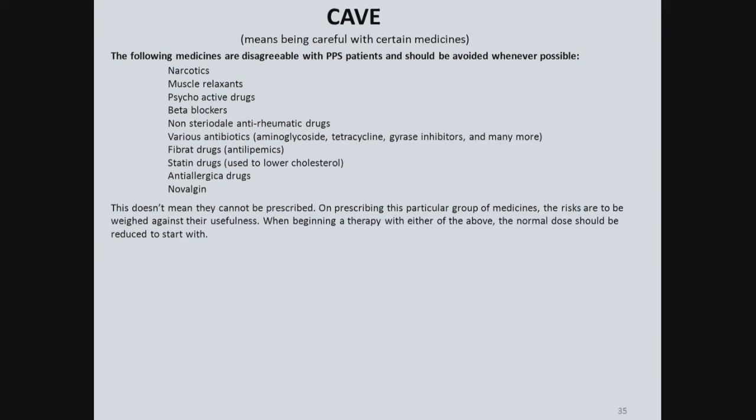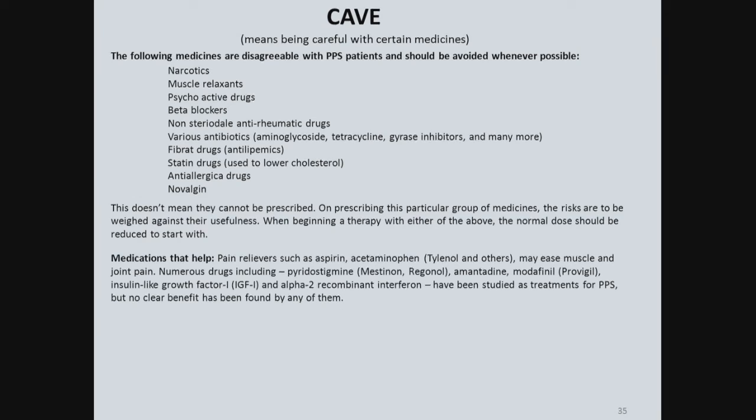On prescribing this particular group of medicines, the risks are to be weighed against their usefulness. When beginning a therapy with either of the above, the normal dose should be reduced to start with. Medications that help. Pain relievers such as aspirin, acetaminophen, Tylenol and others may ease muscle and joint pain.